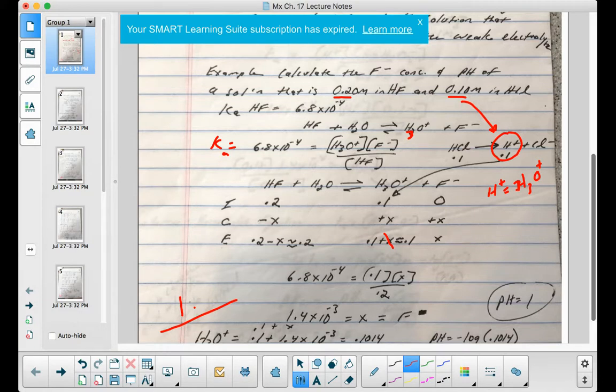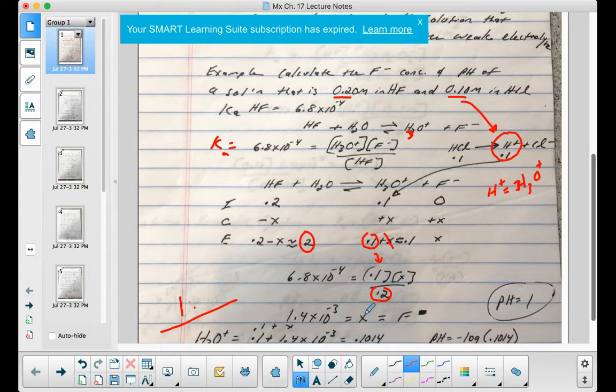So I use my Ka, and I plug in the values that I know. I have my 0.1 that I plug in here. I have my 0.2 that I plug into my expression here. And then I can solve for my x.